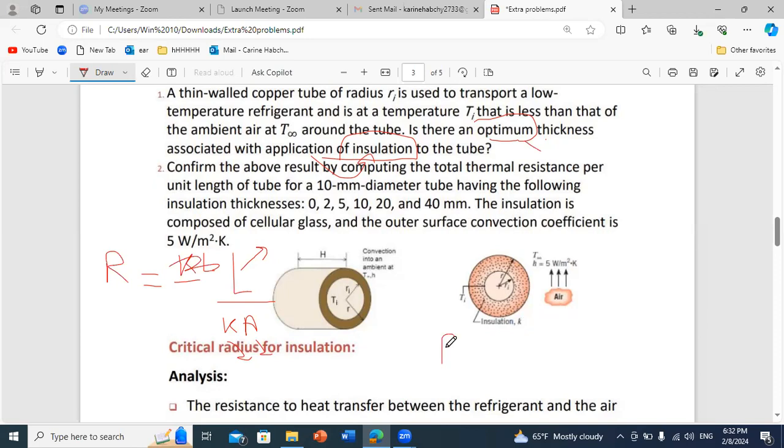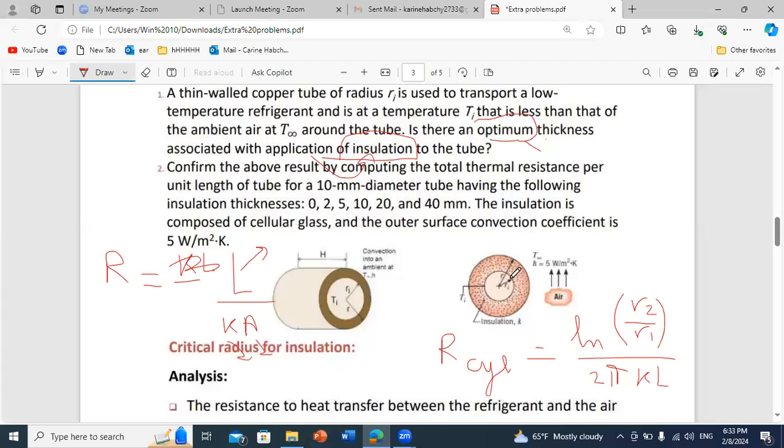The resistance associated with a cylindrical form is given by ln of the outer radius r2 over r1, divided by 2 pi times the conductivity times L. So this will be provided for you.